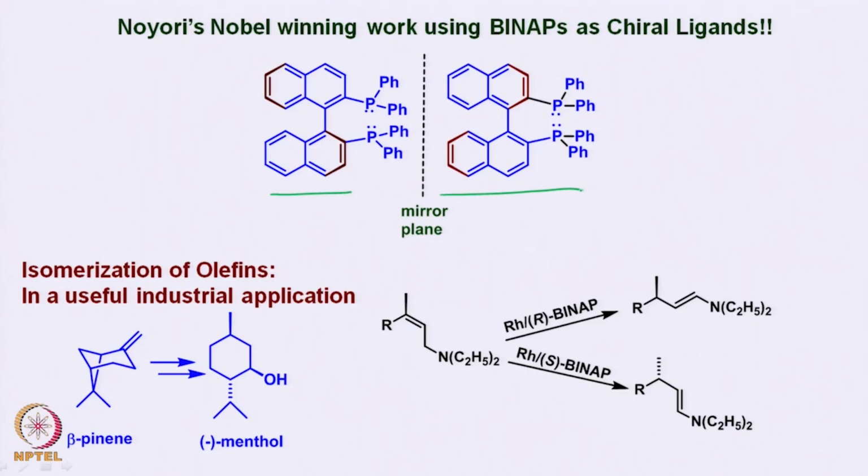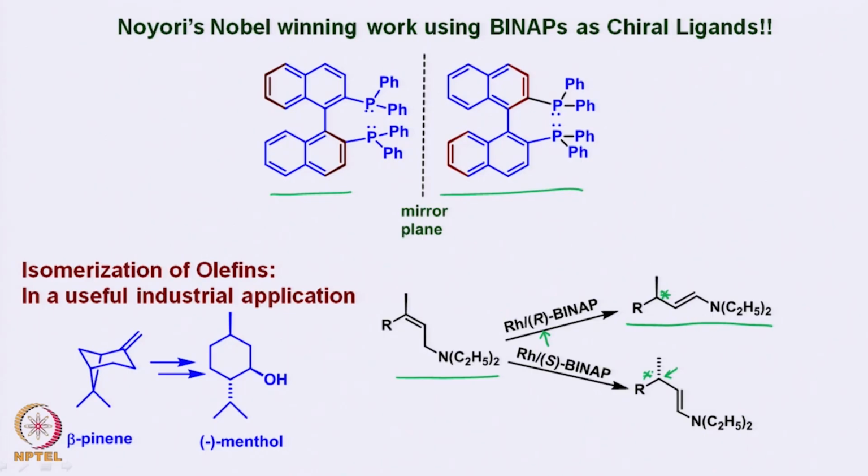For example, isomerization of olefins was done, and this kind of olefin which had a diethylamino group at the end could be isomerized to an enamine, where this new asymmetric center is being generated, and if we use R BINAP, then we get the configuration of the asymmetric center being like this, and if we took S BINAP, then of course we have this asymmetric center configuration opposite to the above one.